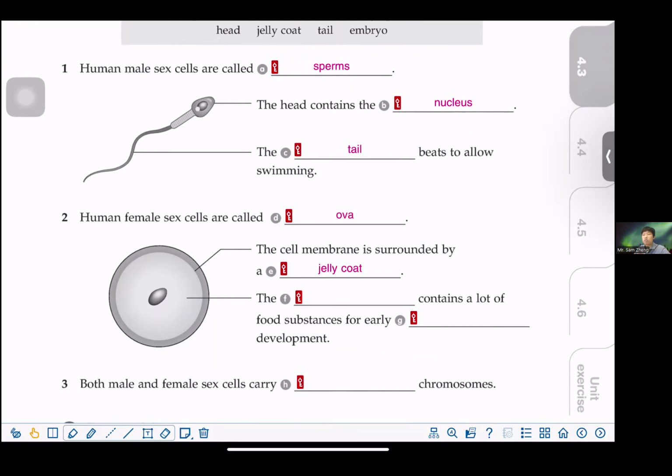This jelly coat is not a cell membrane. It is something different from the cell membrane. You can think of it as some extra substance just deposited on the cell membrane. Next, the cytoplasm contains a lot of food substance for early embryo development.